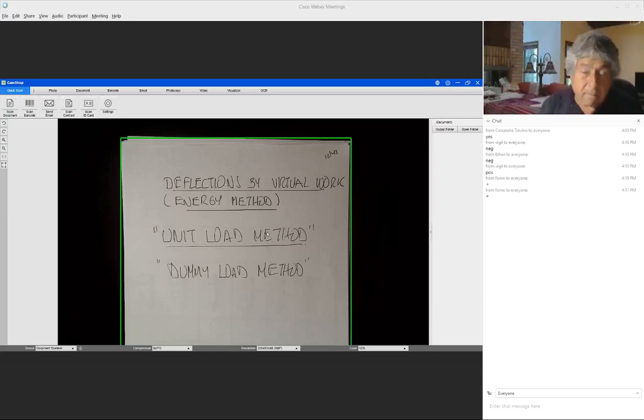We put unit moments at the location whenever we want to compute rotation. It's also called the dummy load because we put a fictitious load at certain locations. All of these are energy methods known as virtual work, unit load, or dummy load.